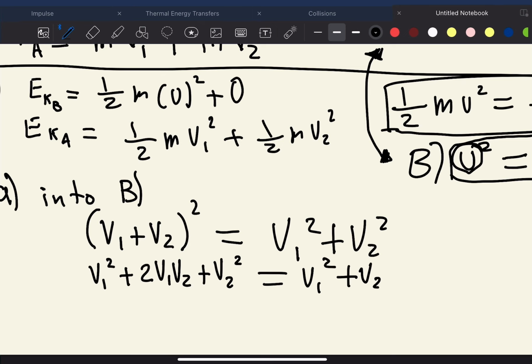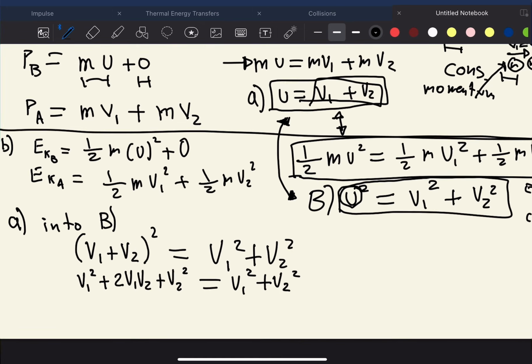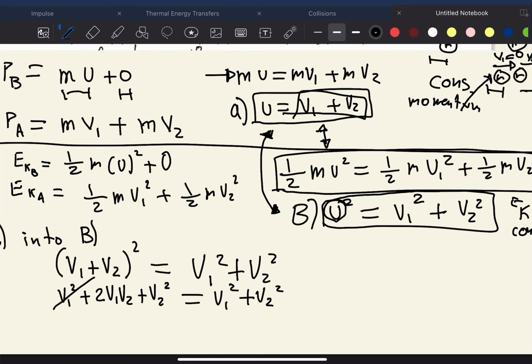So this has to happen in order to meet both equations. From here I can cancel this with this and this with this, and I get 2 times v1 v2 equals 0.